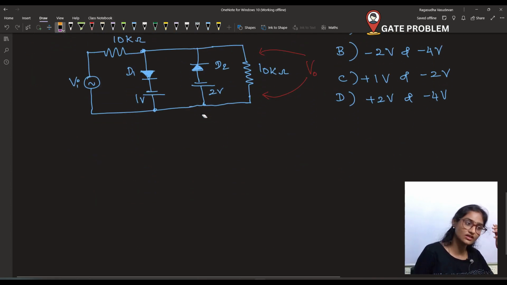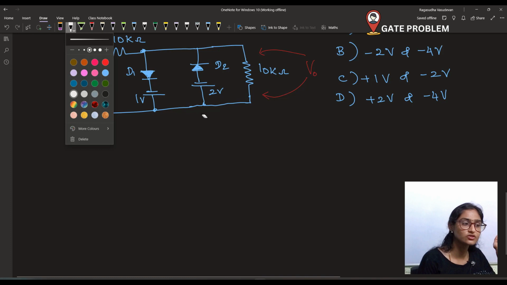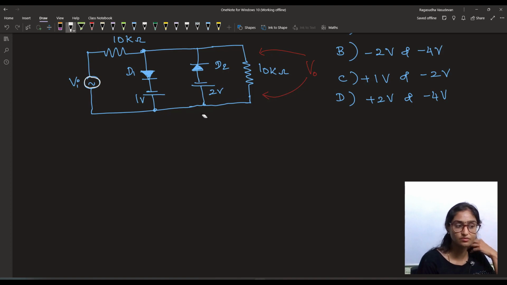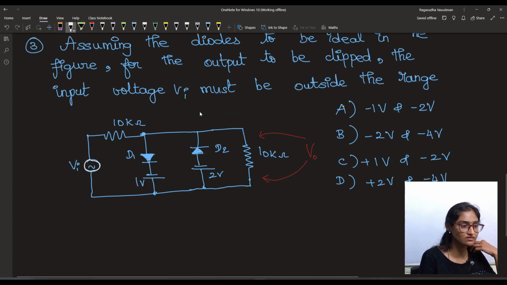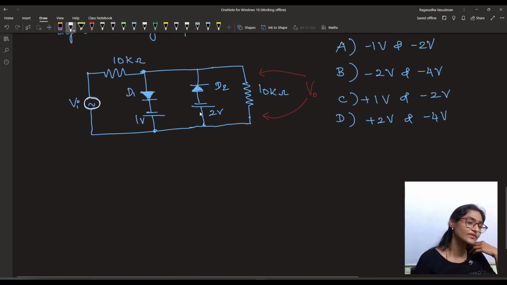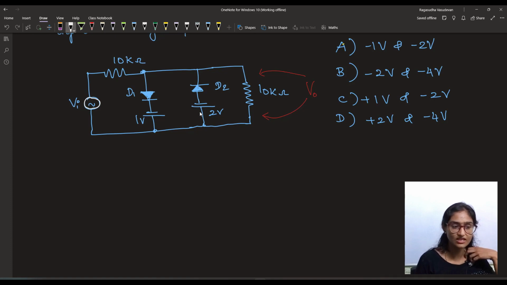Of course, 4 options are given to you to choose from. So before that we will first understand the circuit. We have an AC source. Let us assume this to be a sinusoidal source. I think it implies that this is a sinusoidal source, right? So we have a 10 kilo ohm resistance in series with a 10 kilo ohm load, in case both of the diodes are open circuited.